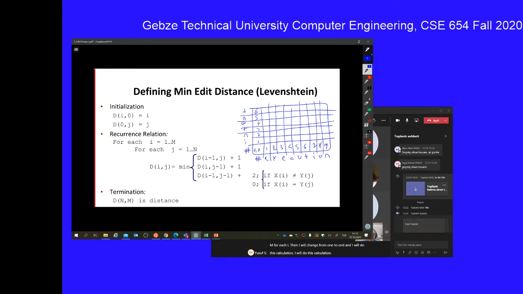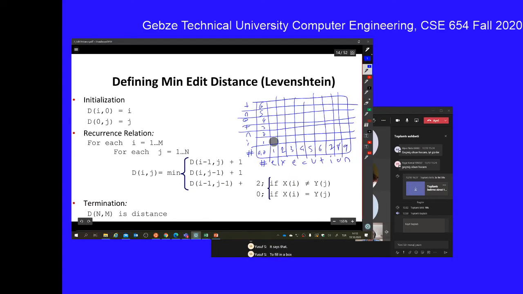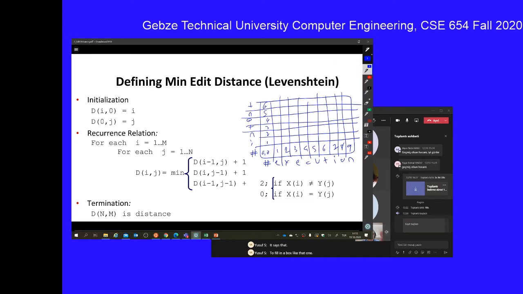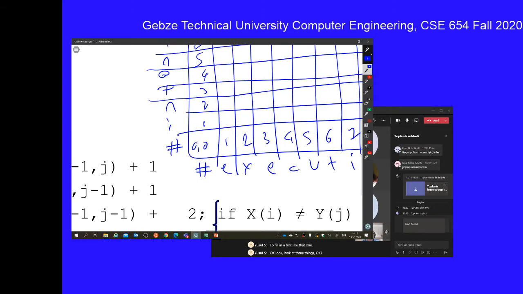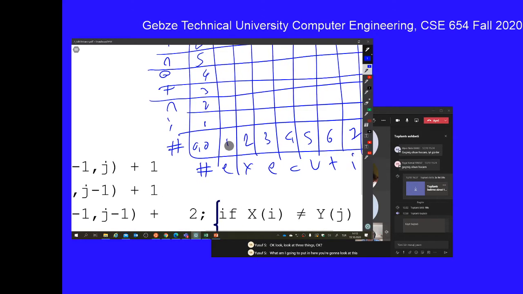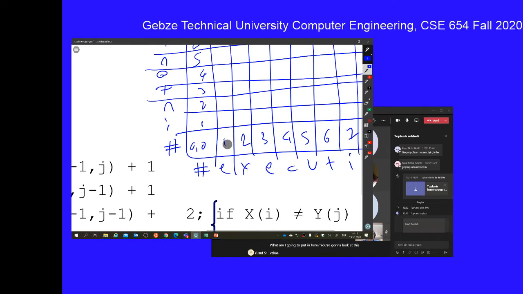It says that to fill in a box like that one, look at 3 things. What am I going to put in here? We're going to look at this value.